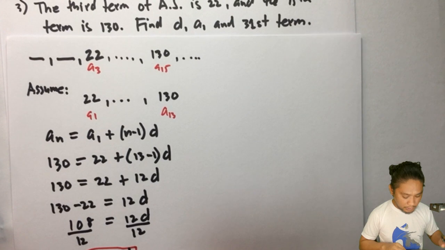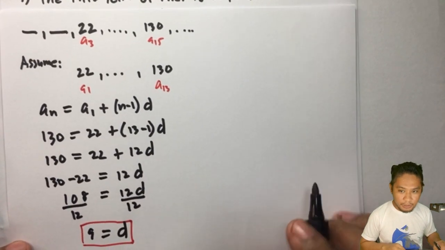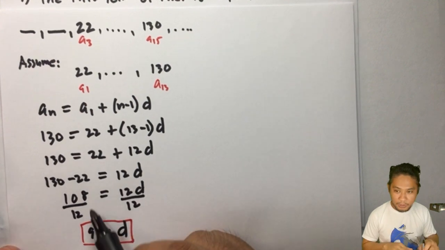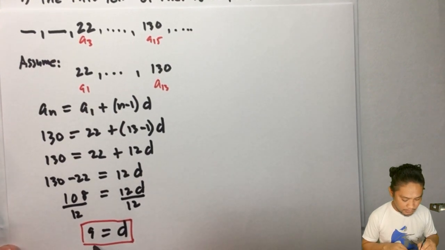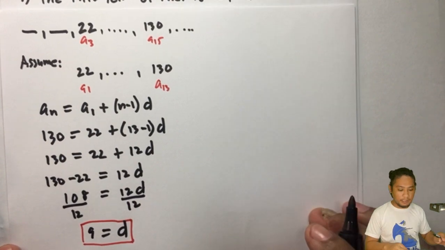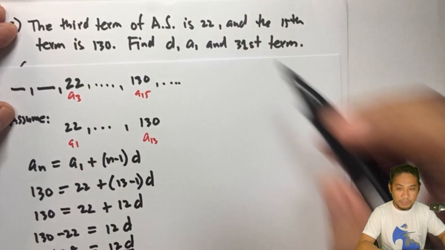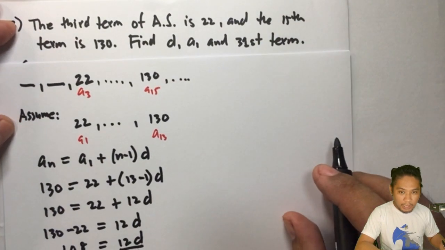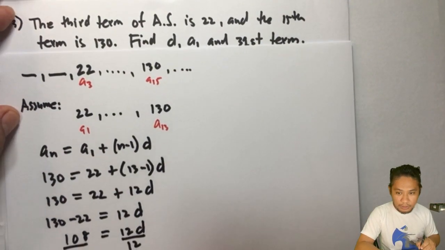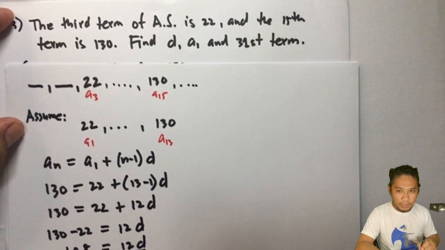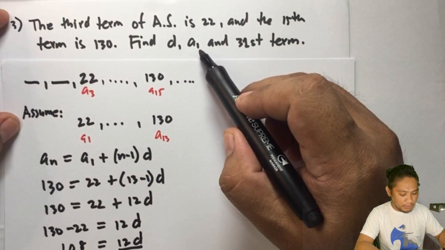Now, our d is already determined. 12d divided by 12 is d, and 108 divided by 12 is 9. So our common difference is 9. Now we have d equal to 9, and using it, we can determine our first term.